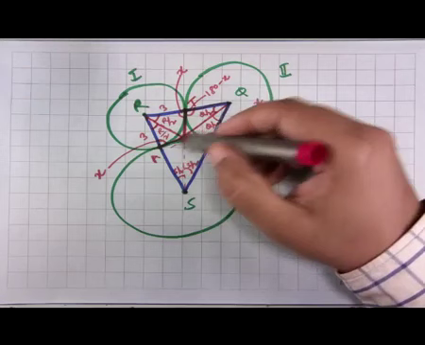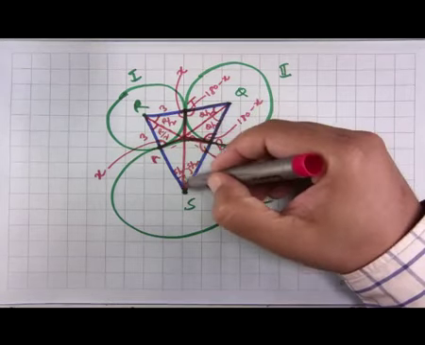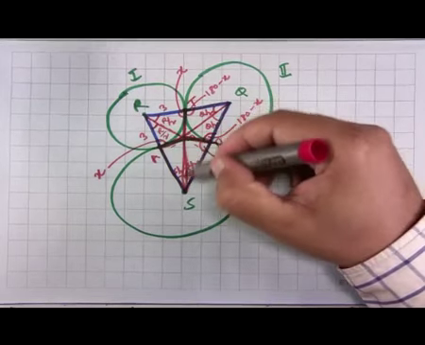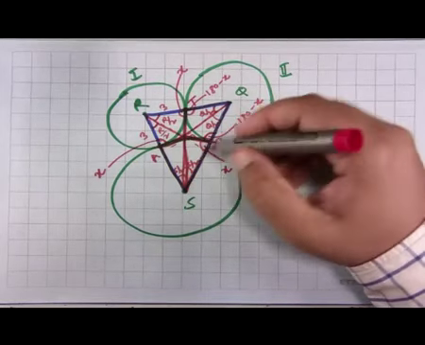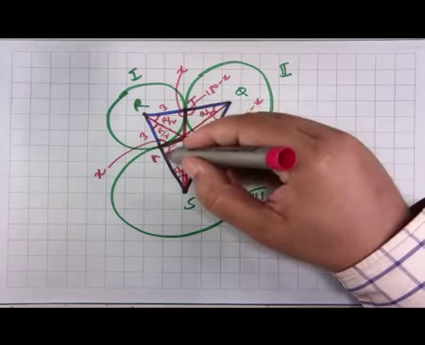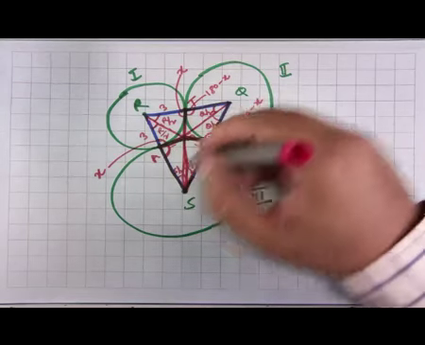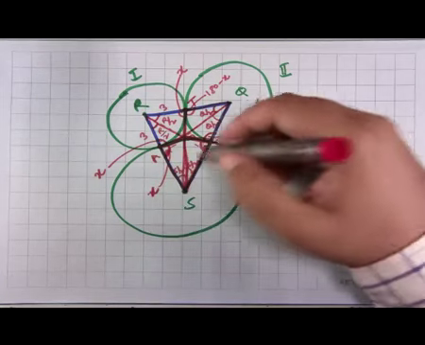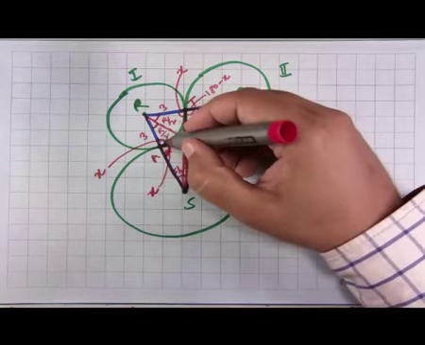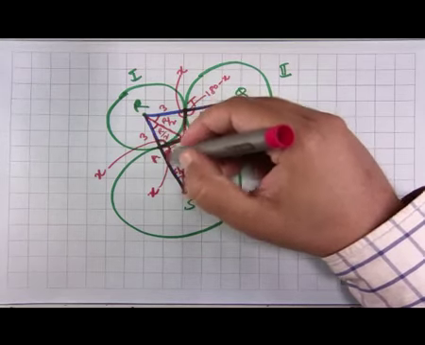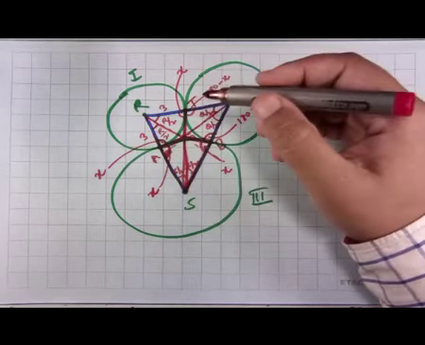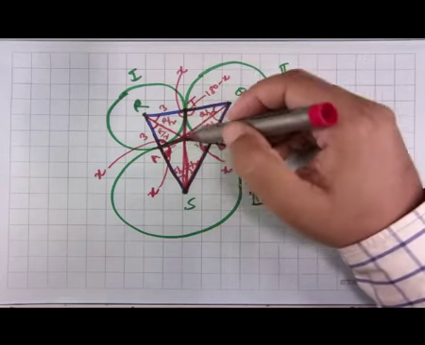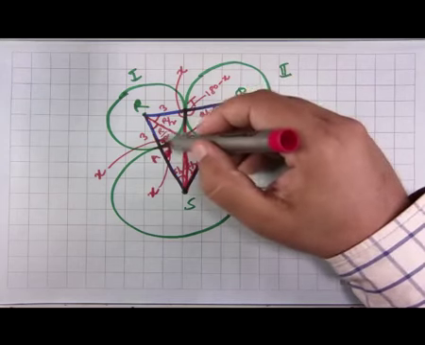Again, from the congruency of this triangle and this triangle, which can be shown in a similar manner, this angle and this angle have to be equal. And since this is x, this angle will also be x. Therefore this x plus this x is a straight line, and this angle x has to be 90 degrees. So what we have shown is that the angle RAO is 90 degrees.